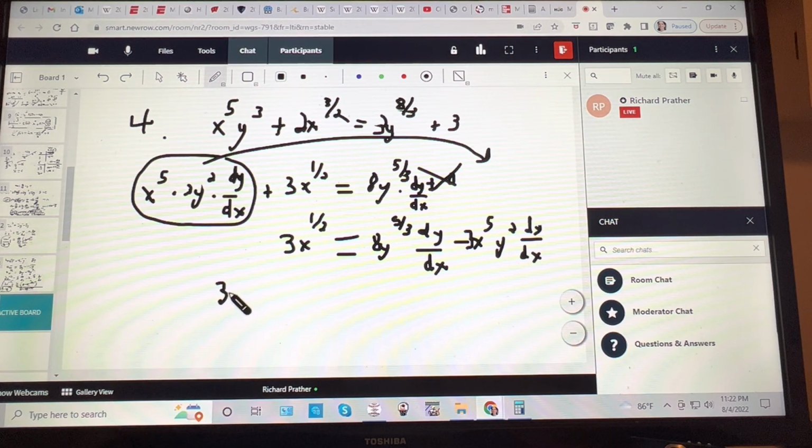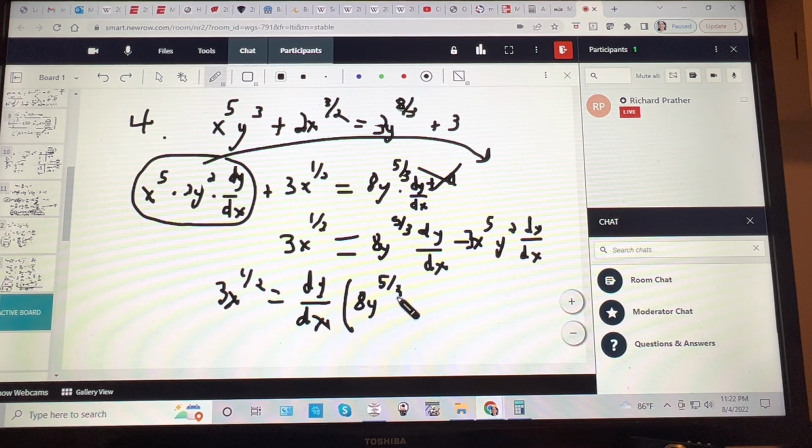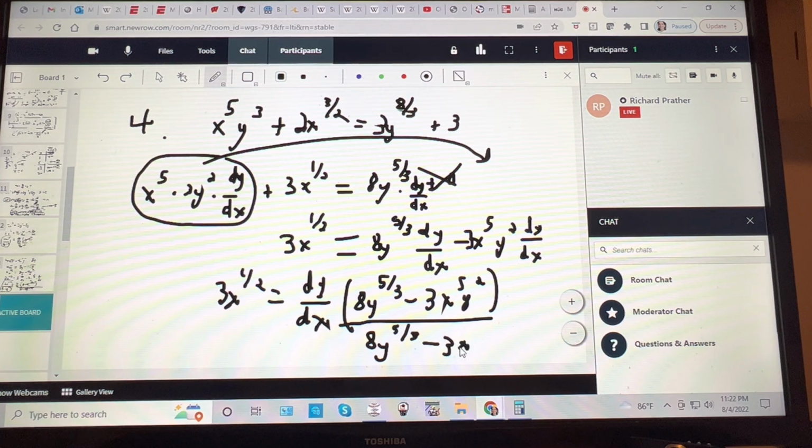And then you can factor out the dy over dx. There would be this 8y to the 5/3. And then there would be the minus 3x to the 5th y squared. And again, it doesn't matter how messy this gets. Apparently it doesn't even matter if you can simplify the fraction because we just found that out in the last problem. So literally it's all about just getting dy over dx by itself.